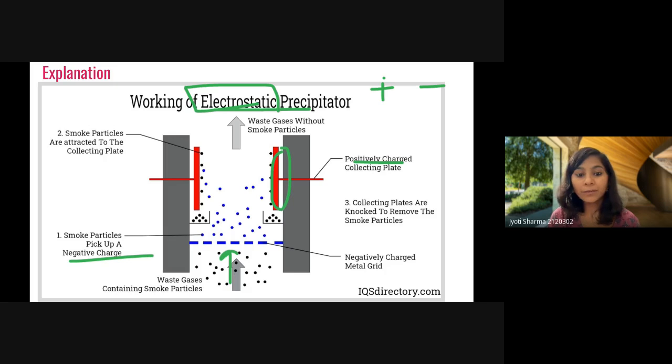What will happen is that when this gas or particulate matter collides with this positive charge, it will neutralize, and this is how we can collect the particulate matter. So this is something positive, negative, neutralization, and then the collection of particulate matter. This is another way.